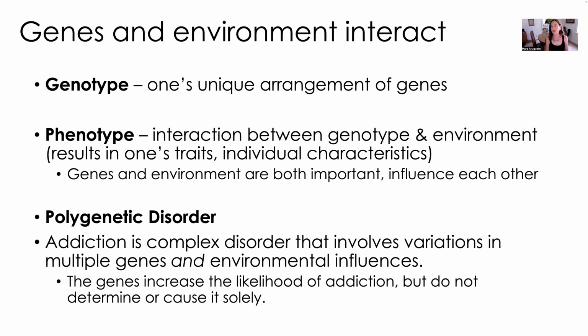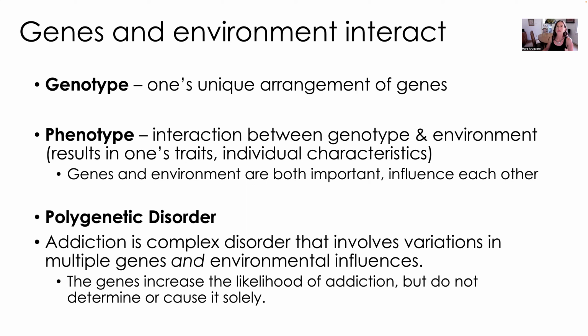Substance use disorder is a polygenic disorder. Poly meaning many genes, right? It's a complex disorder that involves variations in multiple genes combined with environmental influences. So it's not really easy to piece apart genetically. And we have made some progress there, but not a ton of progress.